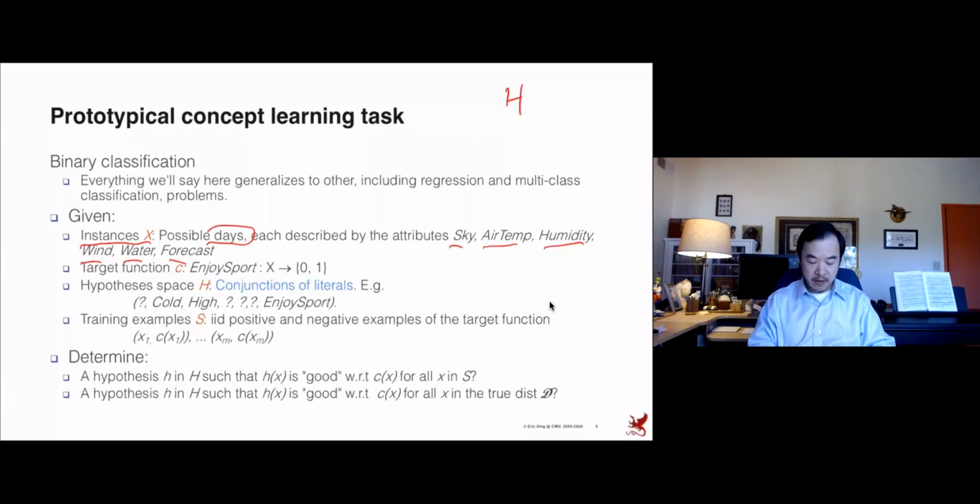And then our target function is to enjoy sports or not. So this is basically a binary classification. Given every day, I predict whether you are going to enjoy sports or not, right? Therefore, the hypothesis space, in this case, is just a conjunction of literals. You are going to list all these discrete features, plus the outcome of that.